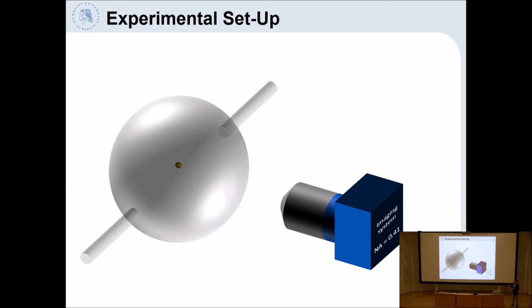The emitter is in the center so that the light that it emits hits the surface of this lens at a right angle, thereby effectively increasing the numerical aperture of our imaging optics from 0.3 to 0.4.